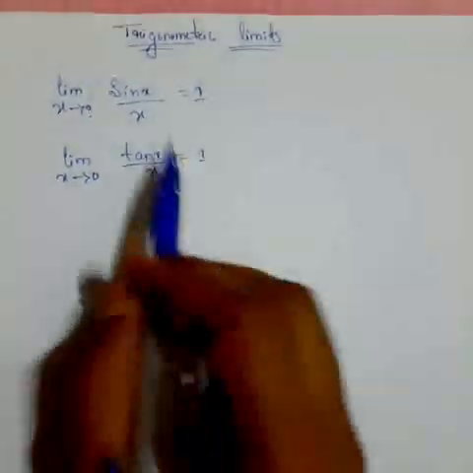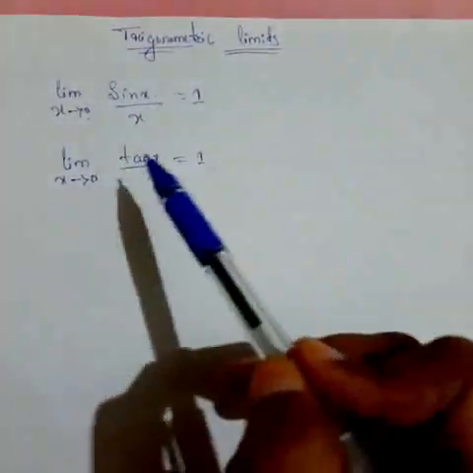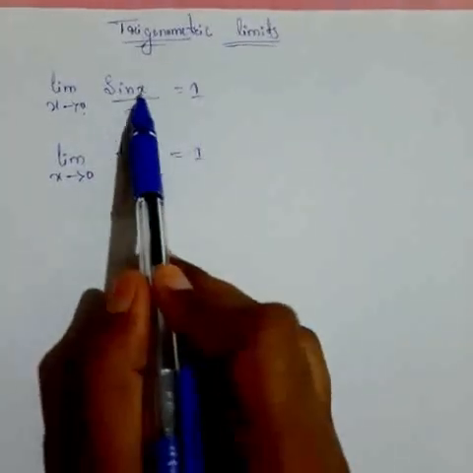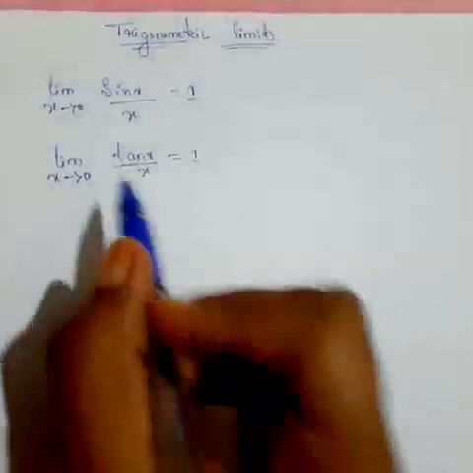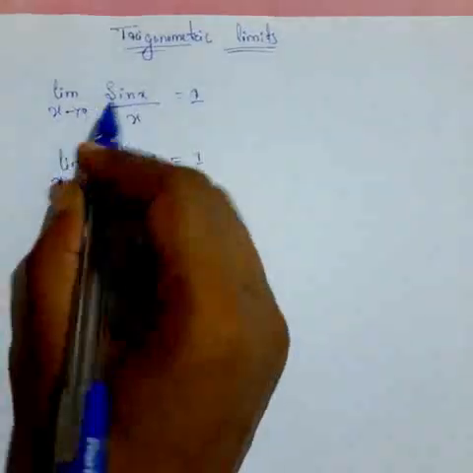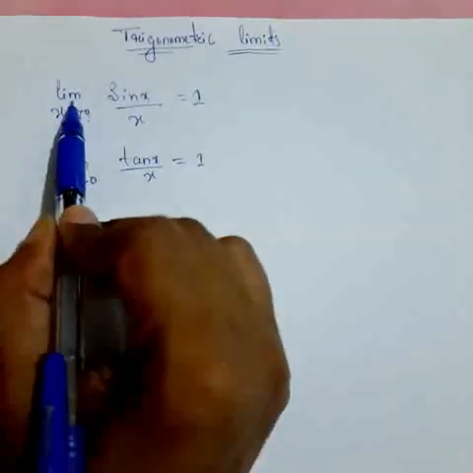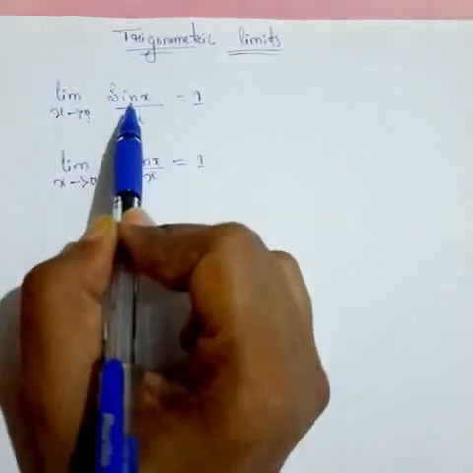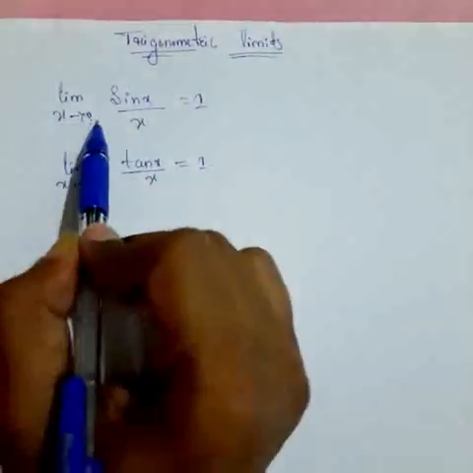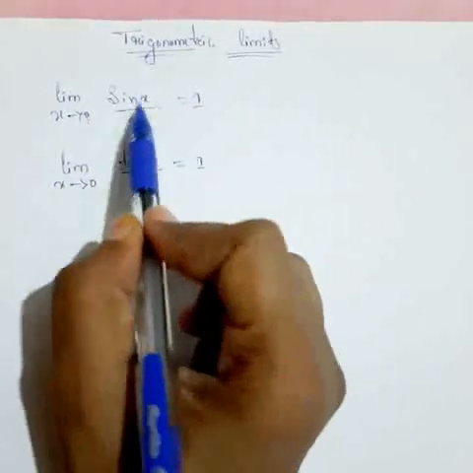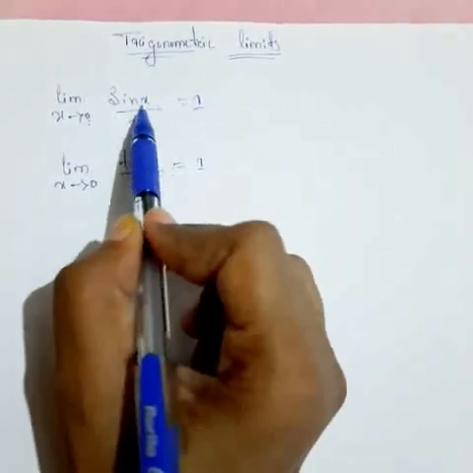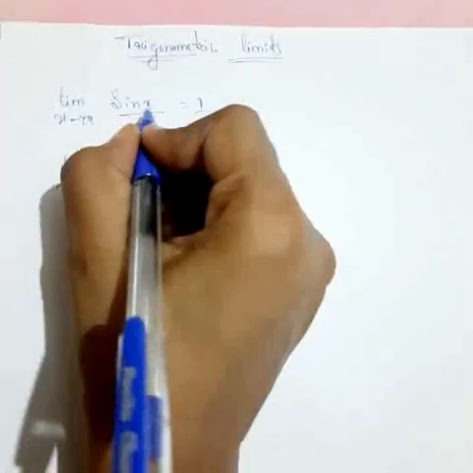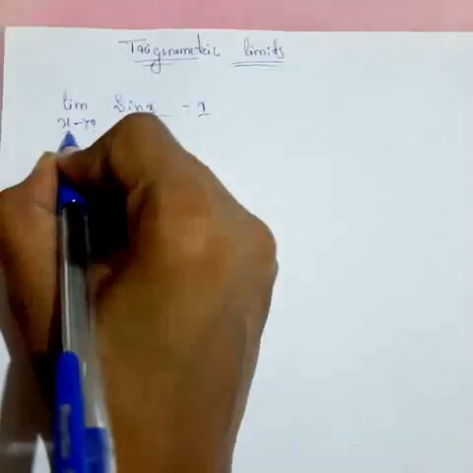Many people can get confused here. See here, sin x is there, and limit x is tending to 0. Only then is its value 1. Sin is a trigonometric function, and sin x divided by x is in the form where the coefficient of x is 1. These three must be the same, and x must be tending to 0.